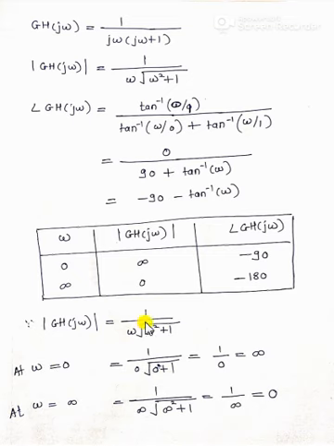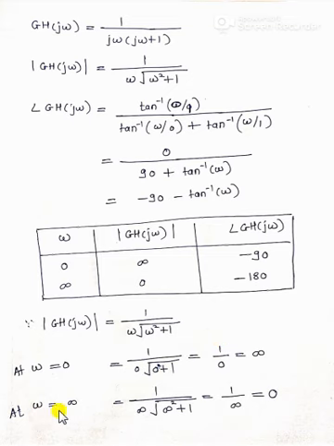Here this is our mod value, mod GH of j omega, 1 upon omega into square root of omega square plus 1. Putting omega equal to 0, we get 1 upon 0 into square root of 0 square plus 1. The bracket gives 1, so the overall answer is 1 upon 0, which means infinity.